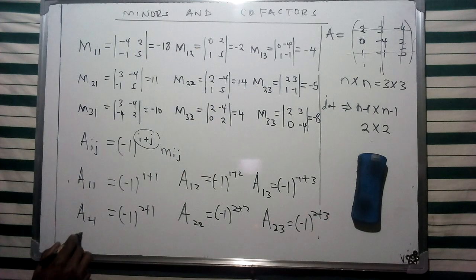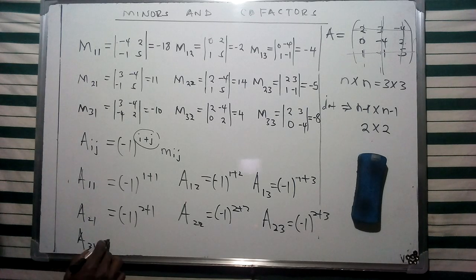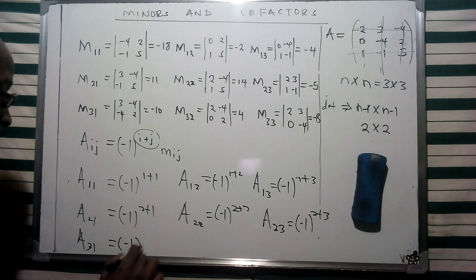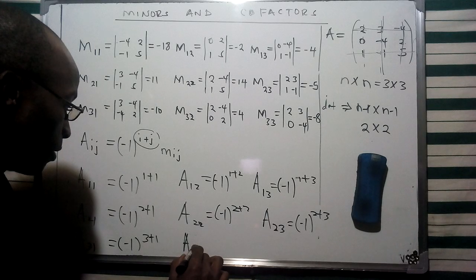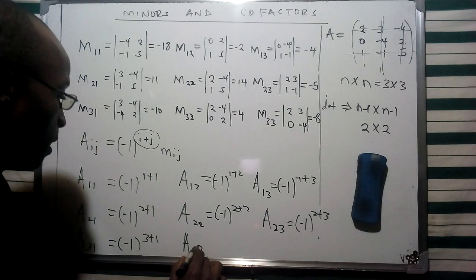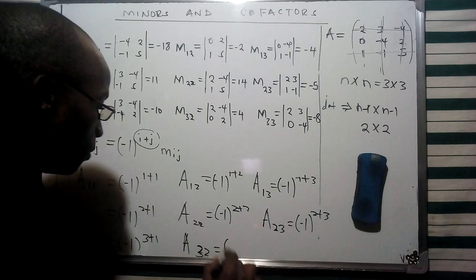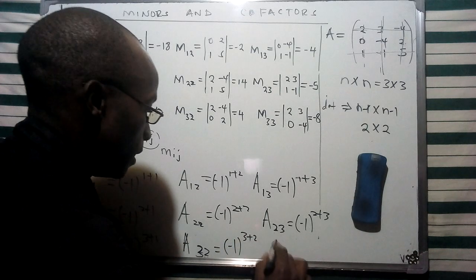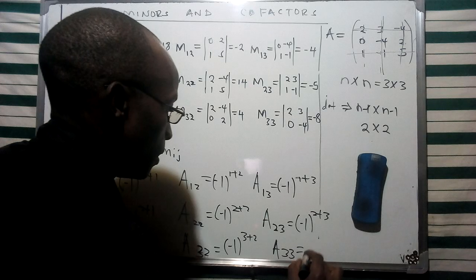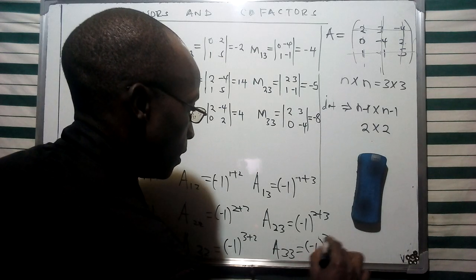And then lastly, the cofactors of the third row. So this is going to be 3, 1, row 3, column 1, given as negative 1 raised to 3 plus 1. Then 3, 2, which is negative 1 raised to power 3 plus 2, and then lastly 3, 3, which is negative 1 raised to power 3 plus 3.